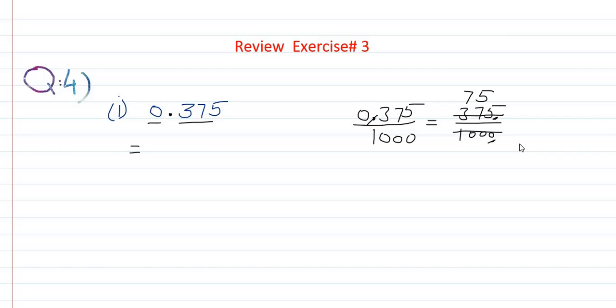Now 5 2s are 10, the remaining are 2 zeros, so I write 2 zeros here. Now again both will be cut by the table of 5. 5 1s are 5, 2 carry, it becomes 25. 5 5s are 25. Now 5 4s are 20, 0.